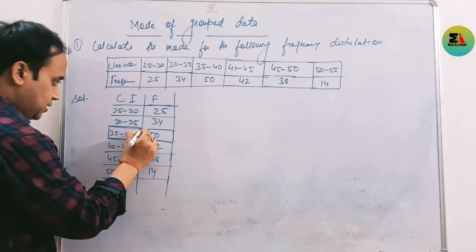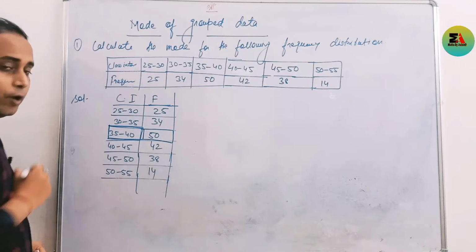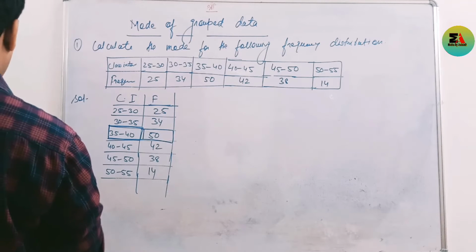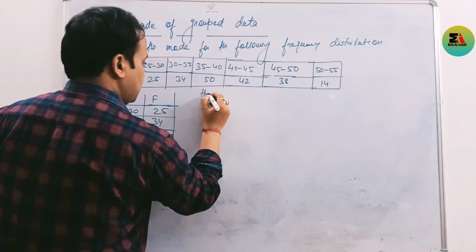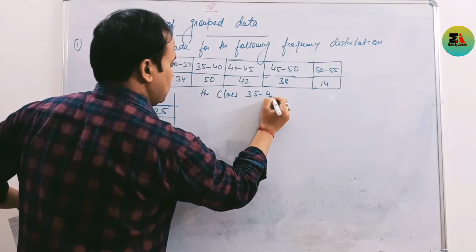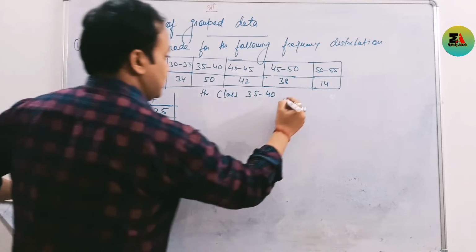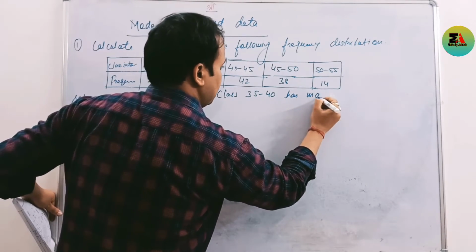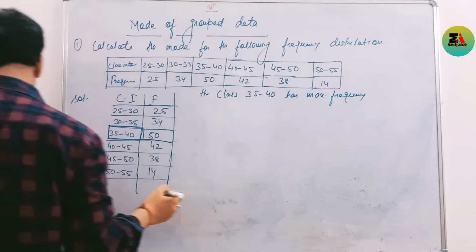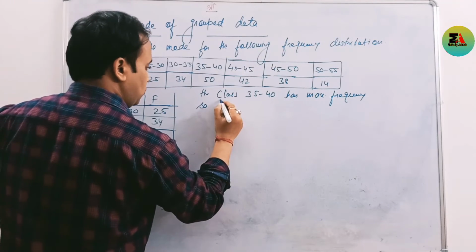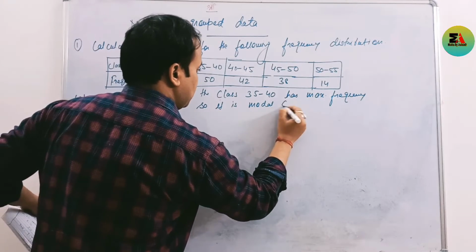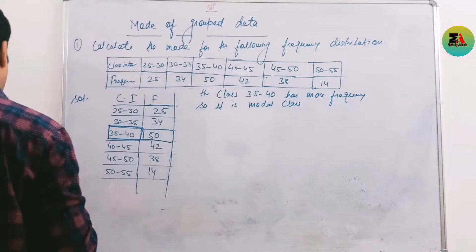It means the class 35 to 40 has the maximum frequency, so it is our modal class.